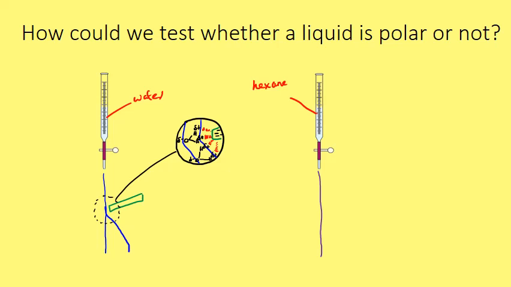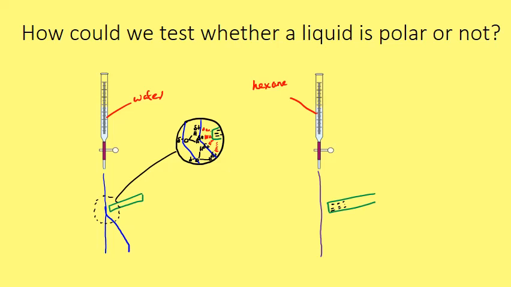and then we bring our charged rod to the hexane, and it's got all its little extra negative electrons that we've put onto the charged rod, perhaps by rubbing a certain type of cloth near it. And does it change direction or not?